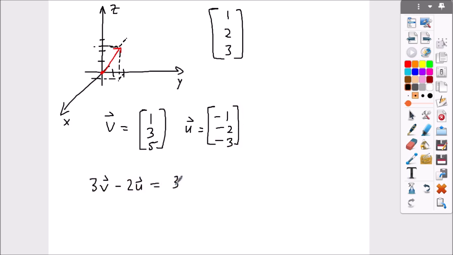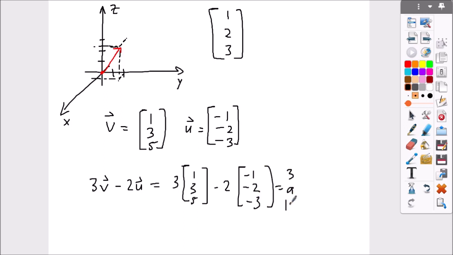That would be 3 times 1, 3, 5 minus 2 times -1, -2, -3, which would be 3, 9, 15 plus 2, 4, 6, which is 5, 13, 21.